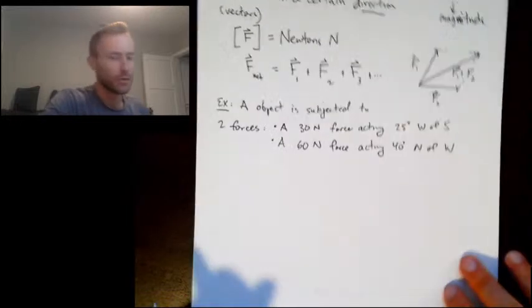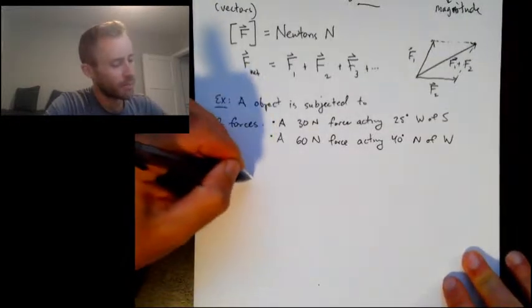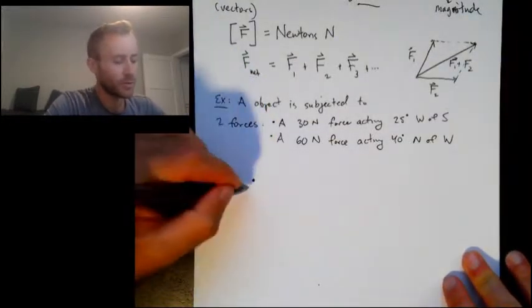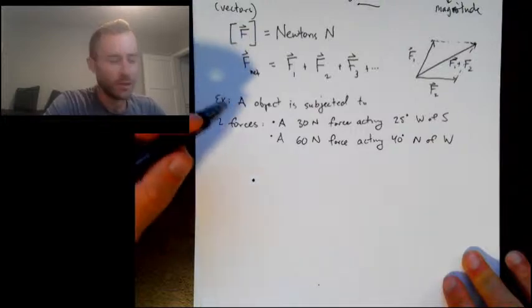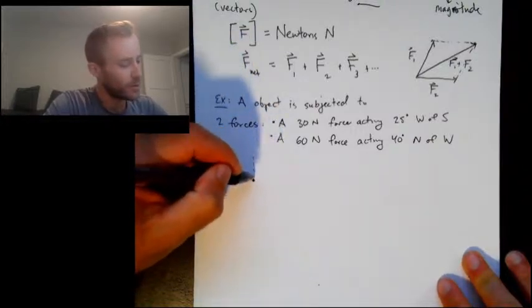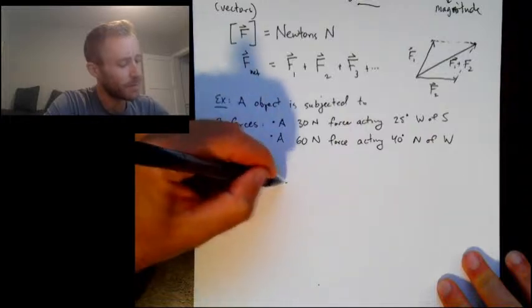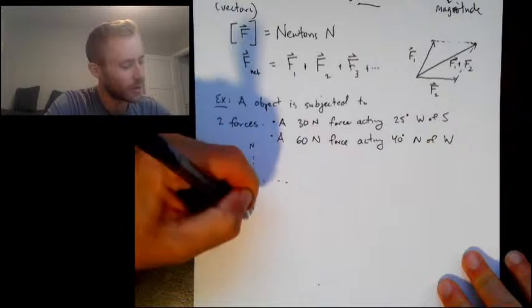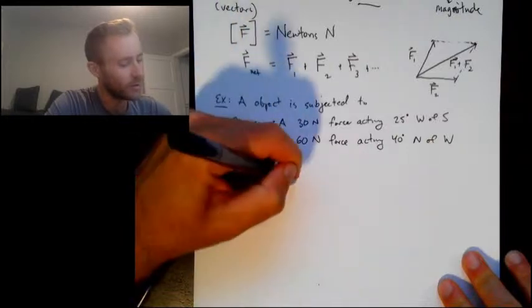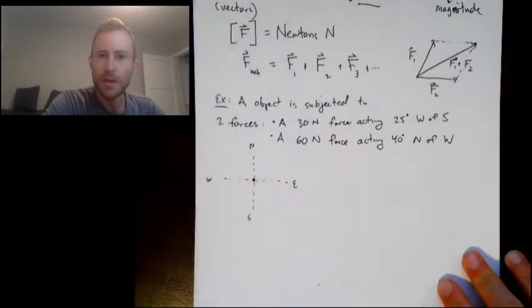Okay, so let's draw what this looks like. Here's the object right here. A 30 Newton force acting 25 degrees west of south. Let's draw our cardinal directions: north, south, west, east.